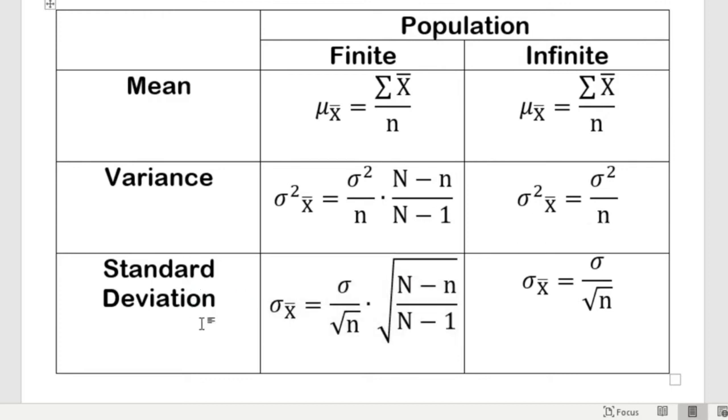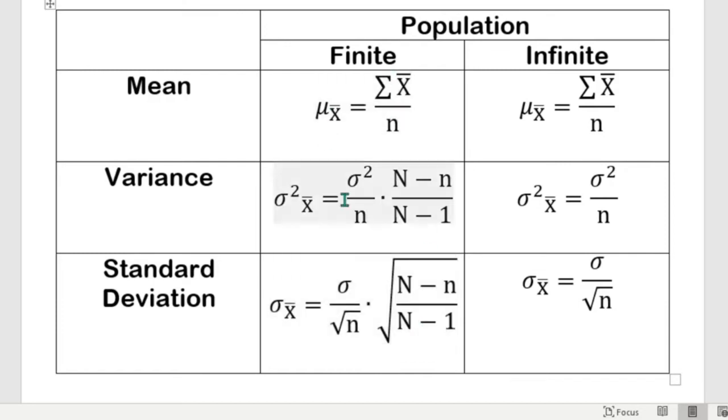For standard deviation, denoted by lowercase sigma sub x bar, we take the population standard deviation divided by the square root of the sample size n, multiplied by the square root of the population N minus the sample n, divided by the population N minus 1.